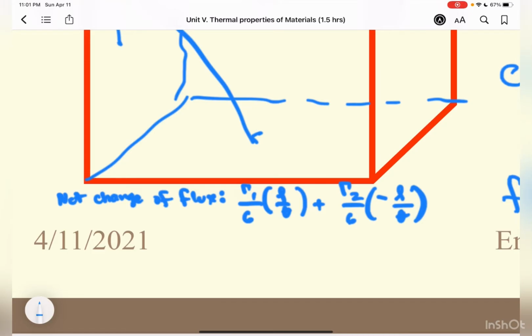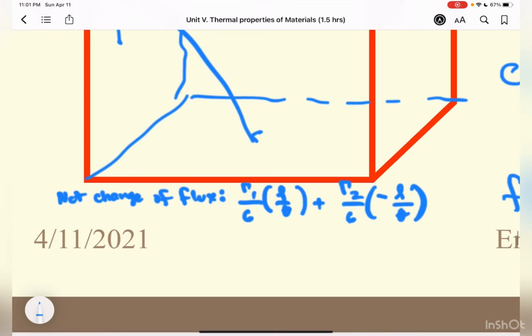Or we could say that this could be negative L over 6 theta times gamma 2 minus gamma 1. Right? So I just factored out negative L over 6 theta, gamma 2 minus gamma 1.